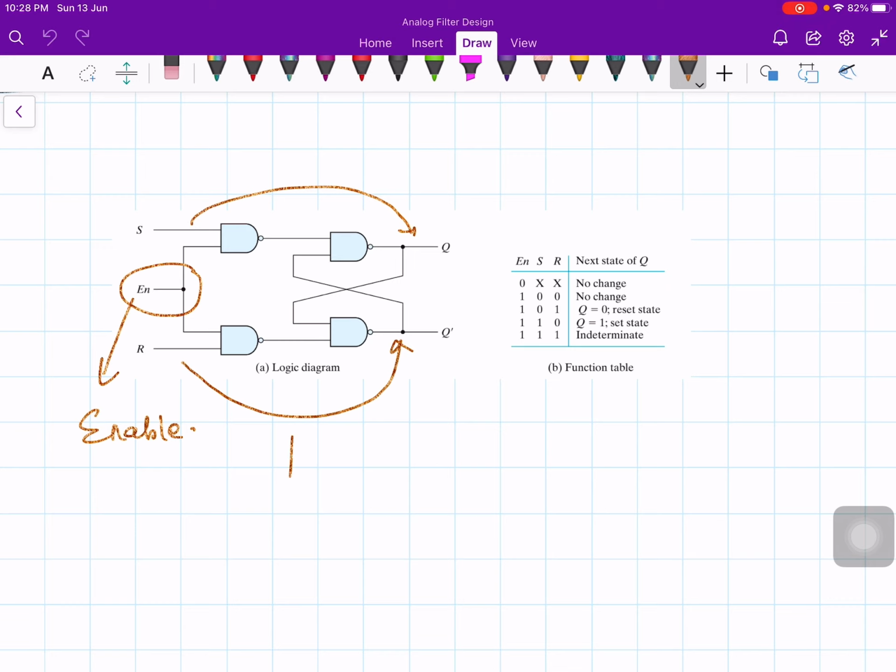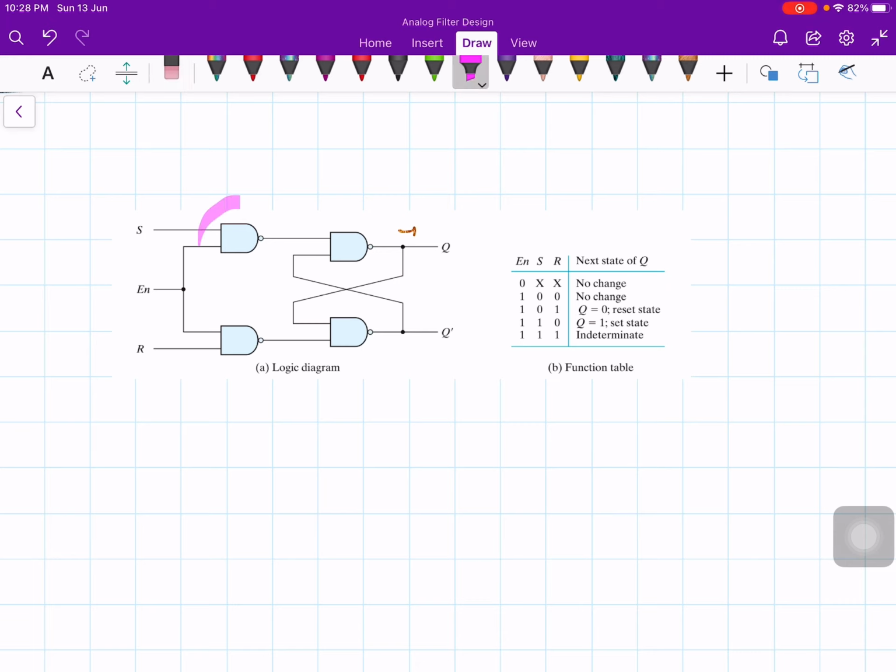Therefore, this circuit consists of basically an SR latch and two additional NAND gates. Now this control input EN acts as an enable signal for the S input and R input.